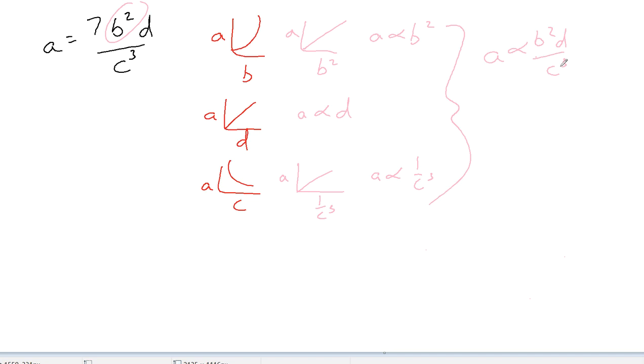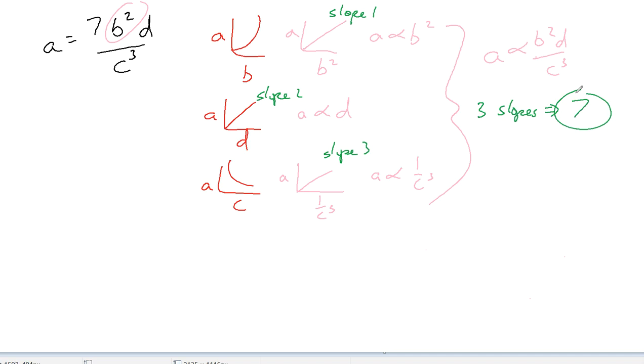Now notice I didn't put an equal sign. I put directly proportional. I can't put an equal sign because I don't have the constant in front. To get that constant, I would find the slope for this graph, slope number 1, the slope from this one, slope number 2, and the slope of this one, slope number 3. If I multiply those 3 slopes together, the product would be 7, and that's why there's a 7 in the front.